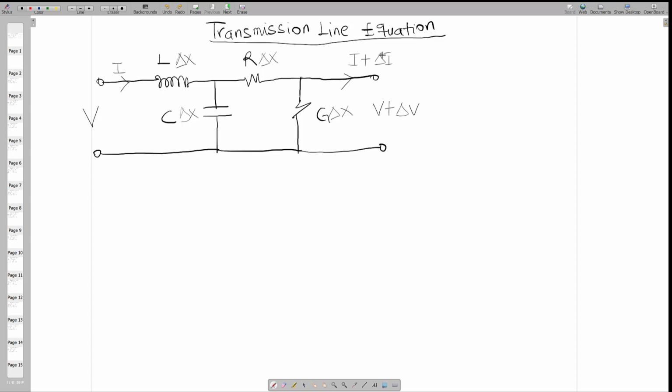So that is why I have delta I over here and also delta V over here. So our task here is to find what delta I is and delta V is.